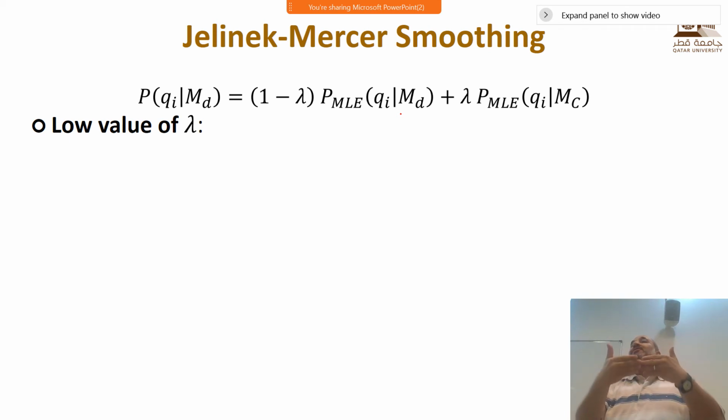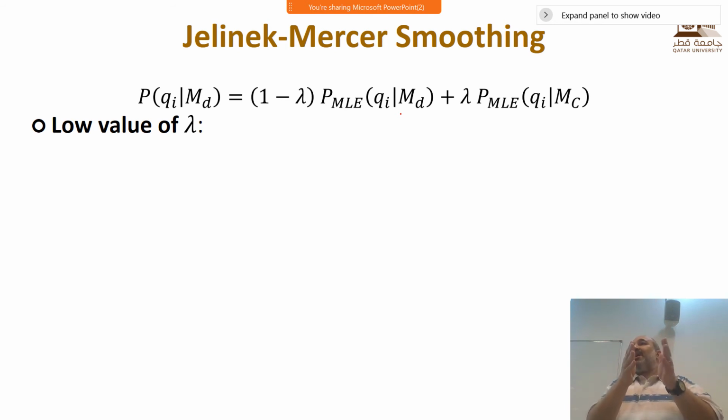For a document to have a non-zero score, what should it have? Now, if I ignored completely the background model, if lambda is very small, it's like completely disabled, right? We only depend on the foreground now.